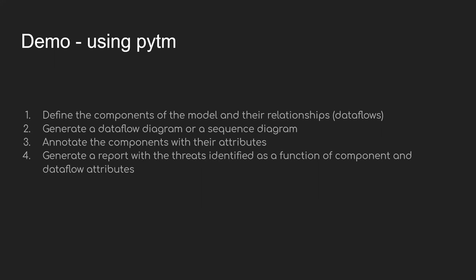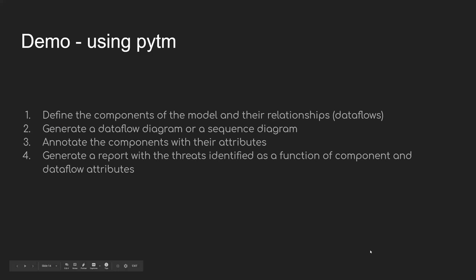So what I'm going to do is show how we define the components of the model and the relationships, the data flows. Then show how we generate the data flow diagram or the sequence diagram with pytm, and then how we can annotate those elements with attributes, and in the end, the final report that pytm produces.